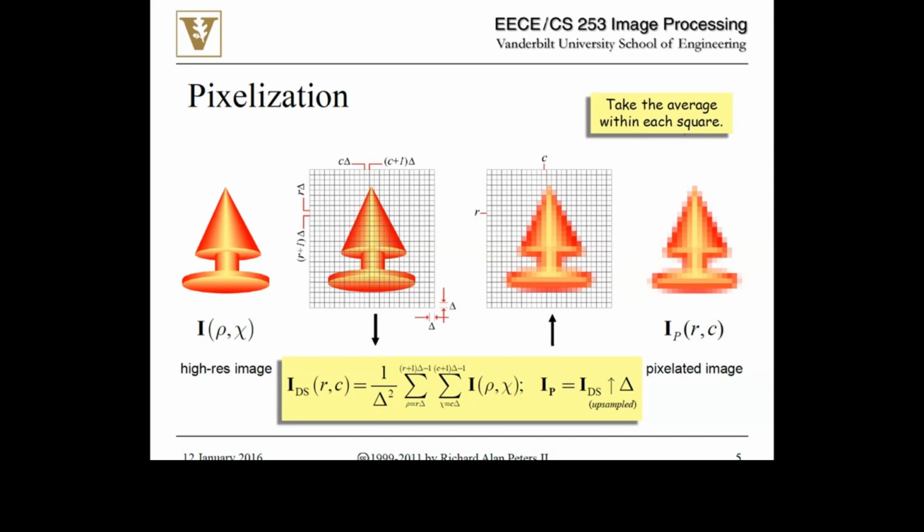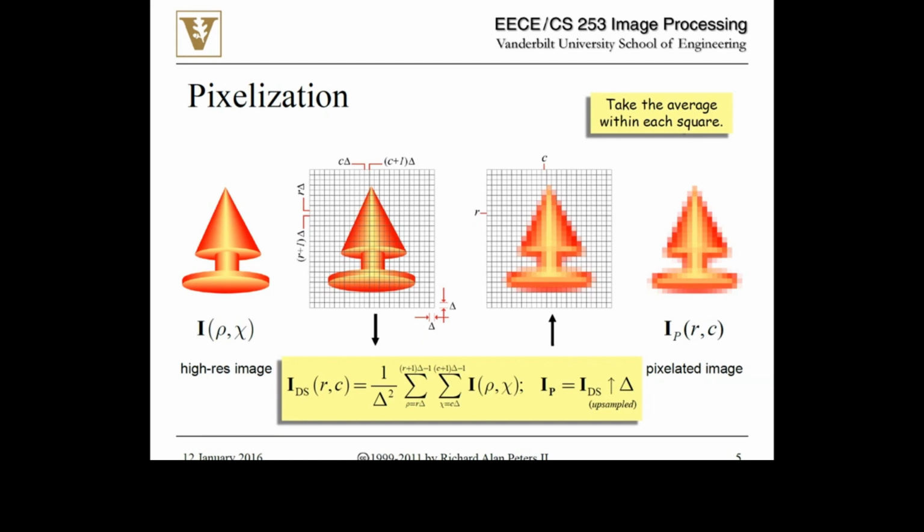Okay, so let's say that there is a very fine sampling rate here, that we don't see the small sampling. We are only seeing the large sampling. And then you are at a given row.